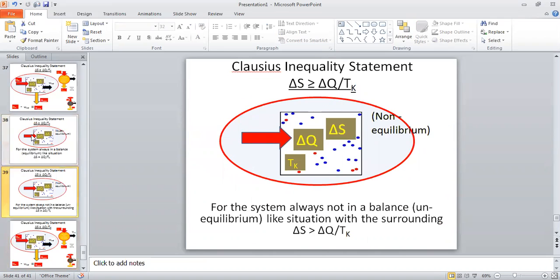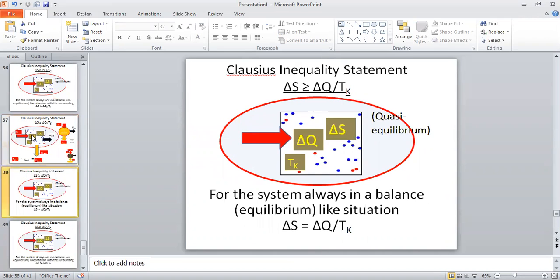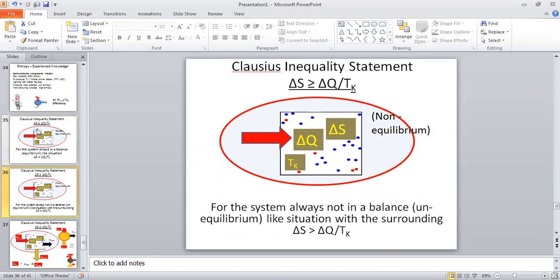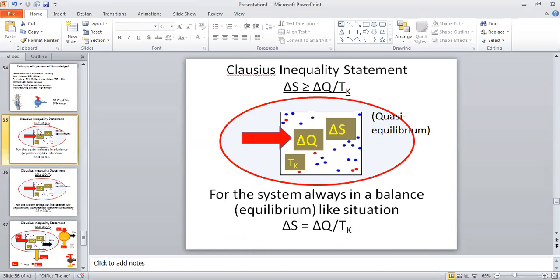You have learned about quasi-equilibrium. Equilibrium looks like being in balance, but quasi means it is not exactly so.